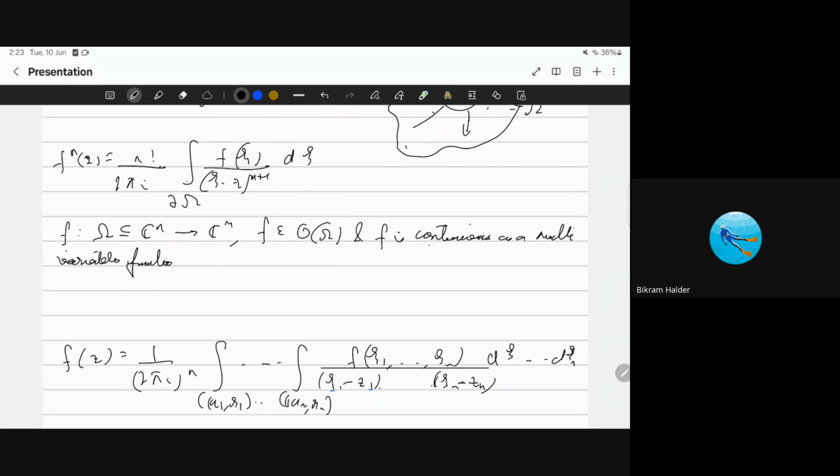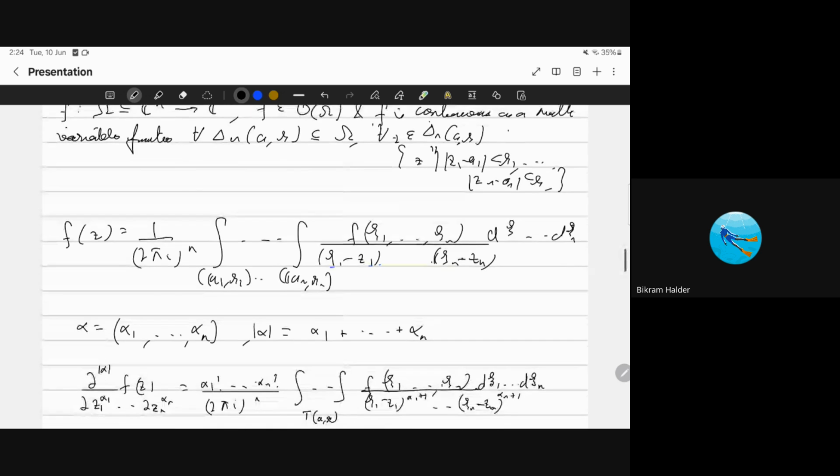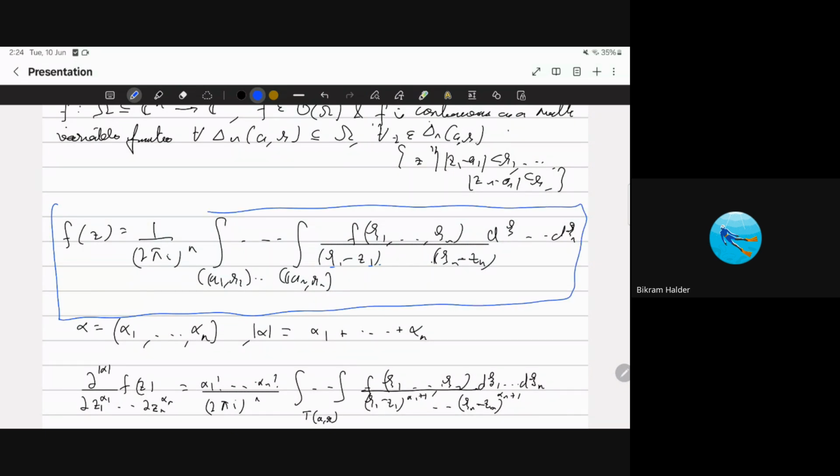Then for all polydisks which are contained in omega, and for all z belonging to the polydisk, this is z such that |z1 minus a1| is less than r1, up to |zn minus an| is less than rn. Whenever this object lies inside omega, we have this multi-Cauchy integral formula, which can give you the value inside.